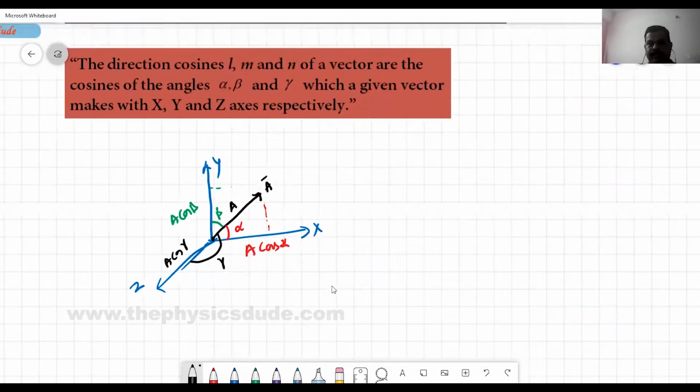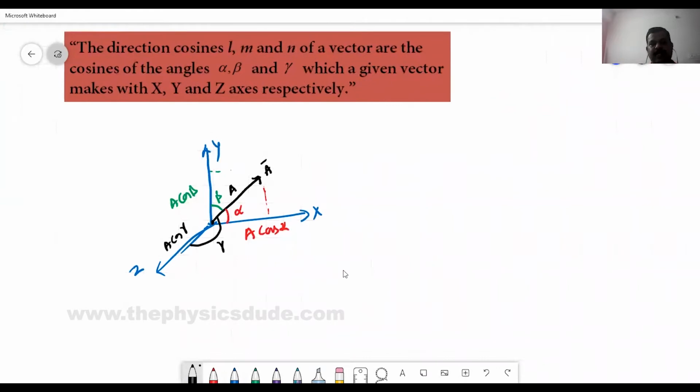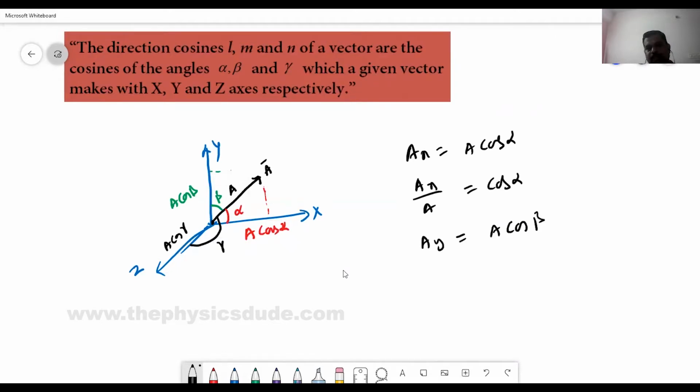So here I can say that ax is equal to a cos alpha. Simply ax upon a is equal to cos alpha. Similarly, ay is equal to a cos beta, so ay upon a is cos beta.